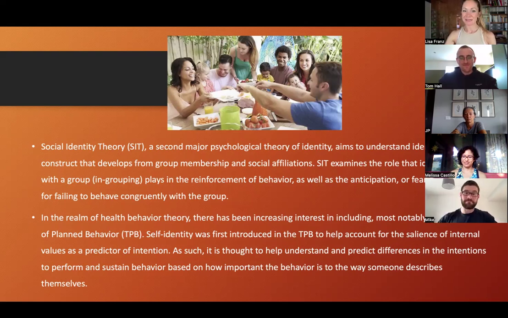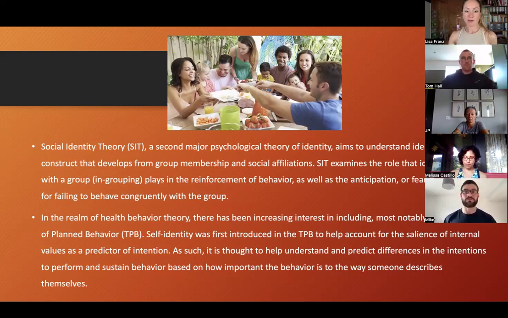So social identity theory aims to understand identity as a social construct that develops from group membership and social affiliations. Social identity theory examines the role that identification with a group plays in the reinforcement of behavior, as well as the anticipation or fear of judgment for failing to behave congruently with the group.